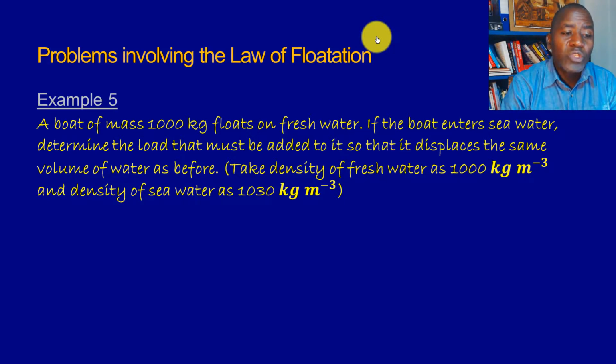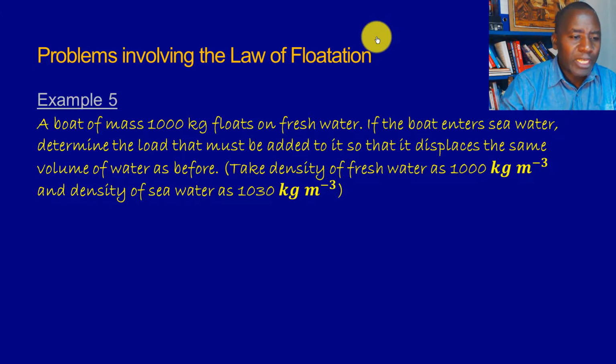We can work out its weight in air. By doing that, since it's going to float in fresh water, we will automatically know the value of the upthrust it will experience in fresh water. It will also float in seawater. We will also know that the seawater provides an upthrust on it equal to its weight in air.